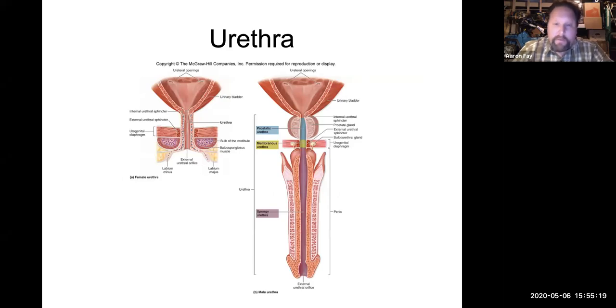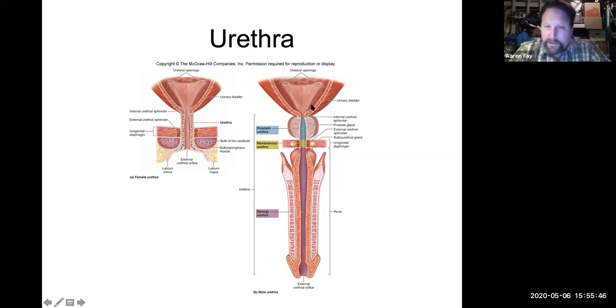So what we have here are now the differences in the urethra between men and women. In women, the urethra is much shorter and it is dedicated just to urination. So the urethra in women just has to do with the urinary system, nice and separate. It is separate from the reproductive system. In men, there's a difference. There's an overlap between the urinary system and the reproductive system.